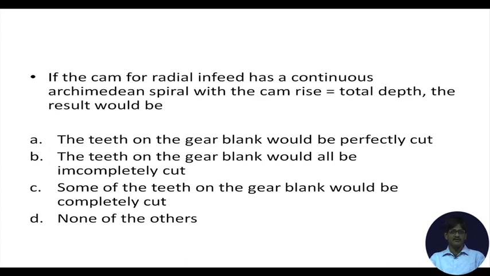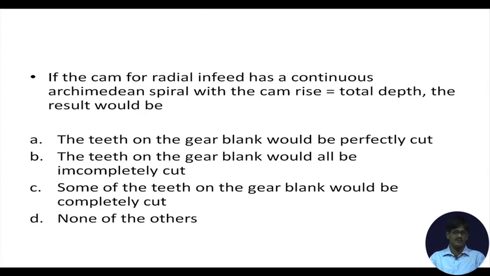Some of the teeth on the gear blank would be completely cut. What does this mean? It means some of them would be completely cut. No. If you are having a continuous Archimedean spiral, basically the difference is that you are nullifying the idle period or the dwell period of the cam, during which it distributes the complete cut.